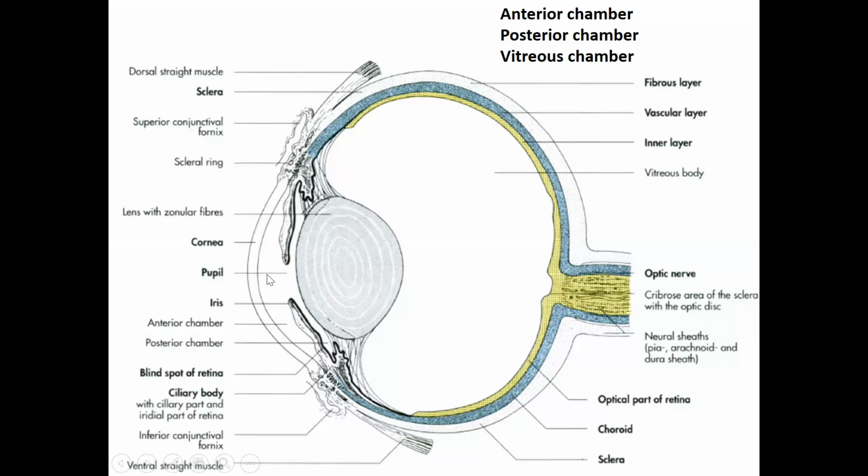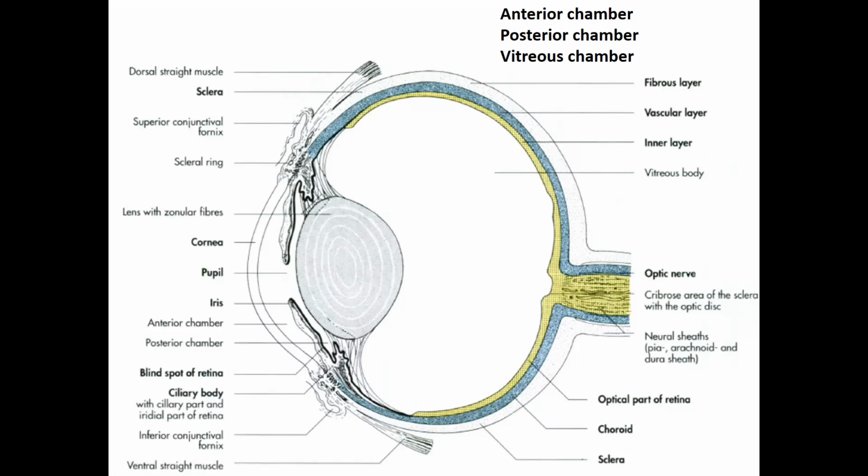These two chambers are filled with aqueous humor, which is produced by the secretory epithelium here, and it is also reabsorbed back by small venules present here, and therefore there is a constant balance between the production and reabsorption of the aqueous humor.